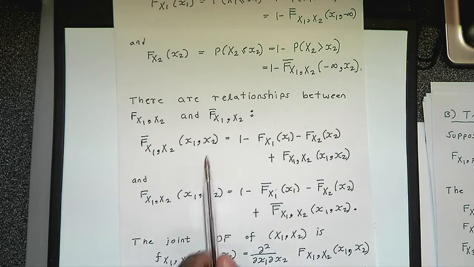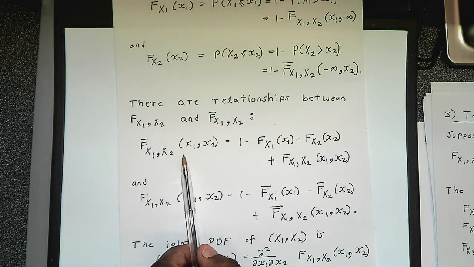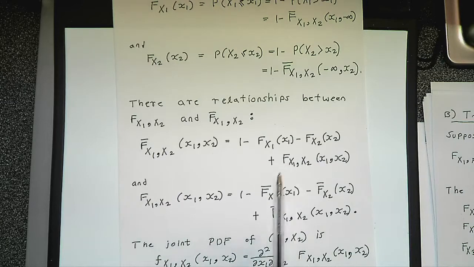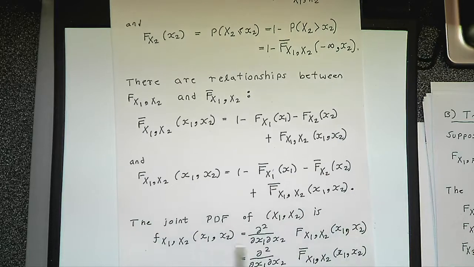So this is the reverse of this. This one expresses the joint survival function in terms of the joint CDFs, and this one expresses the joint CDF in terms of joint survival functions. And the joint PDF, the probability density function, can be obtained using one of these formulas, right? Okay, that's in the bivariate case.